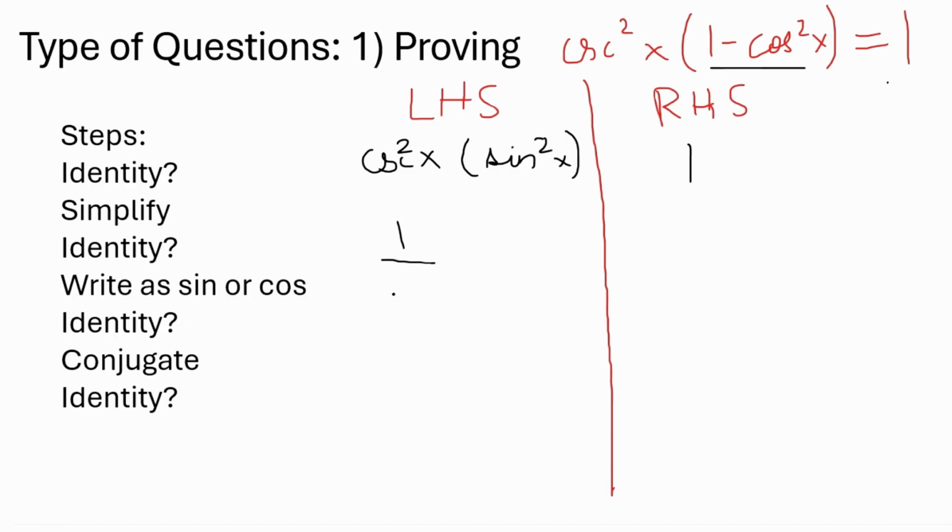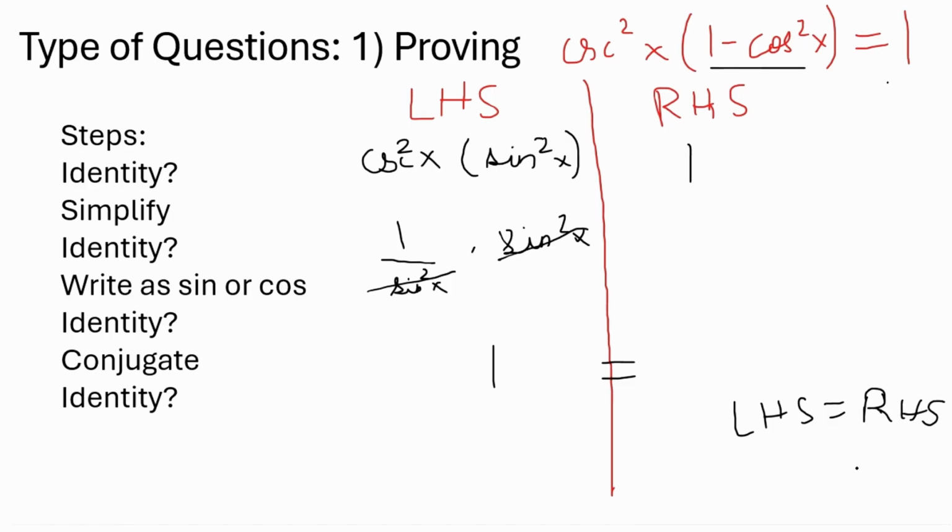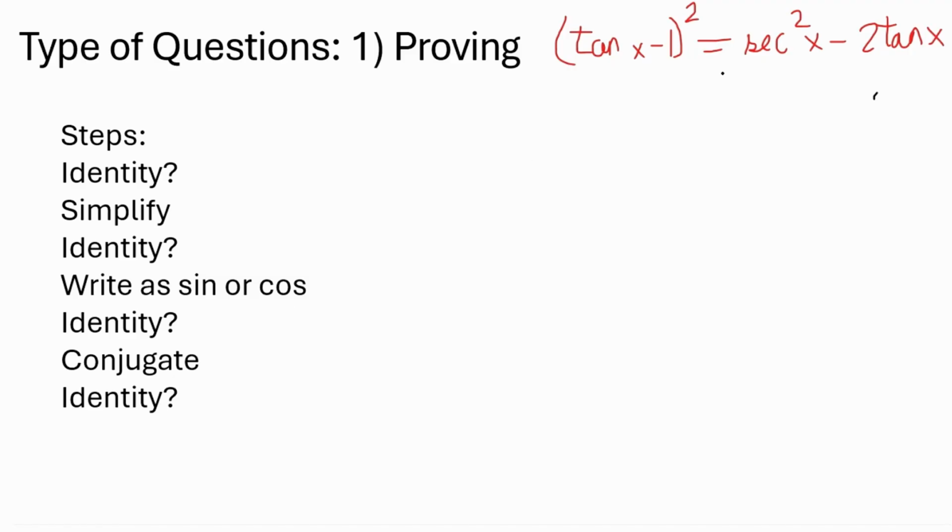So I can write this as 1 over sine squared x times sine squared x. And well, they just cancel out. So I'm left with 1. And this is equal. Remember, all your proving questions, always end them with LHS equals RHS. And that's proved. Next question, tan x minus 1 squared equals secant squared minus 2 tan x. Again, try it yourself, then follow along.